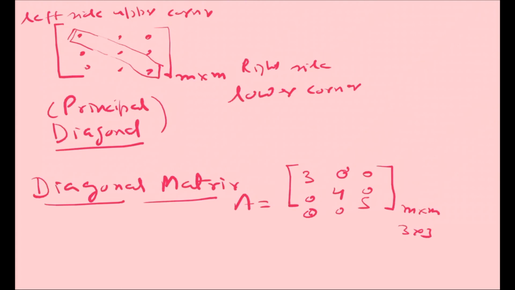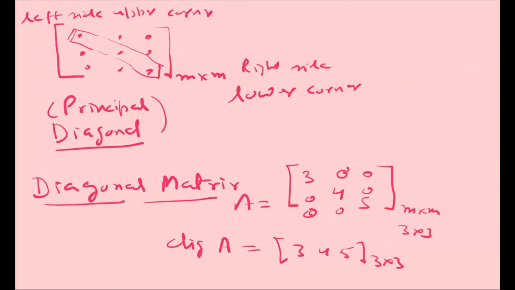We can write this diagonal A equal to 3, 4, 5 of order 3 into 3. Diagonal A means it is a diagonal matrix of order 3 into 3, and these are the members only in the diagonal. So what is the diagonal matrix?